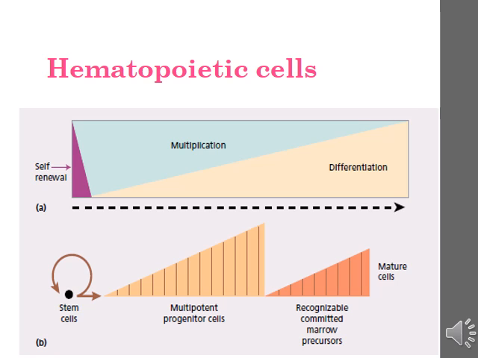They can be WBC precursor cells, RBC precursor cells, and precursors for platelets. So from a single stem cell many types of multipotent progenitor cells form, and after these, specific cells are formed, and the last stage is maturation.